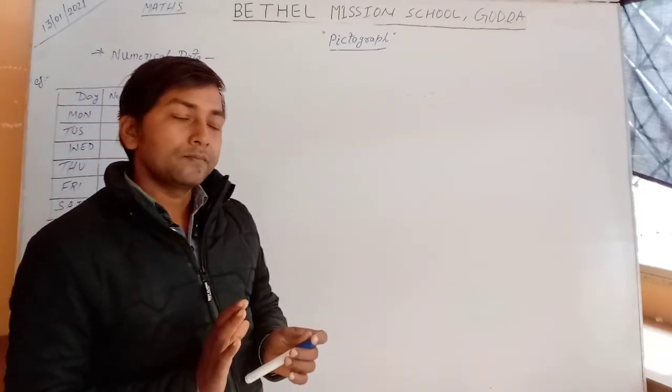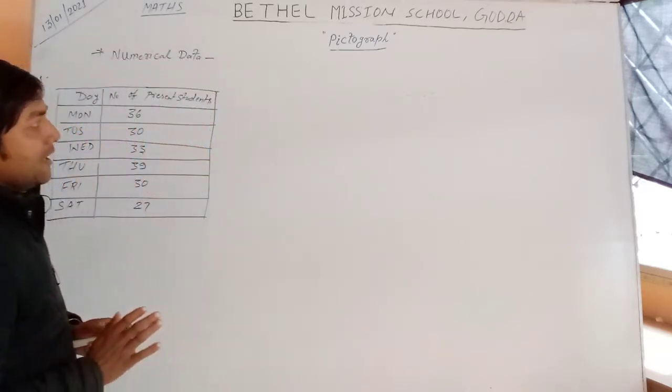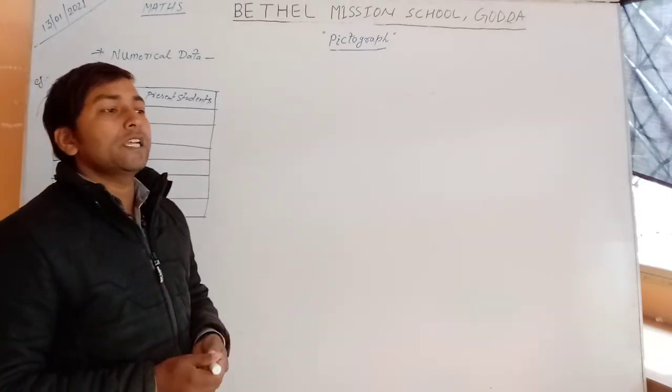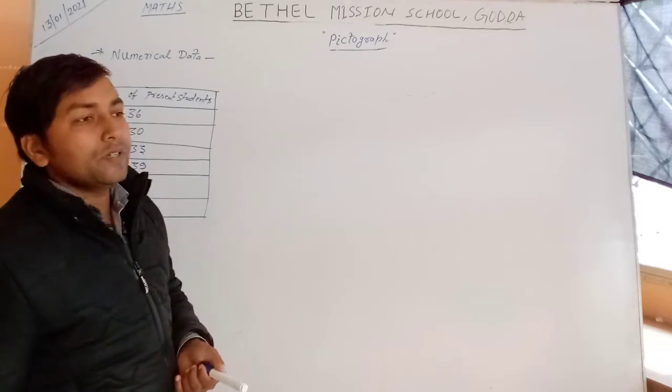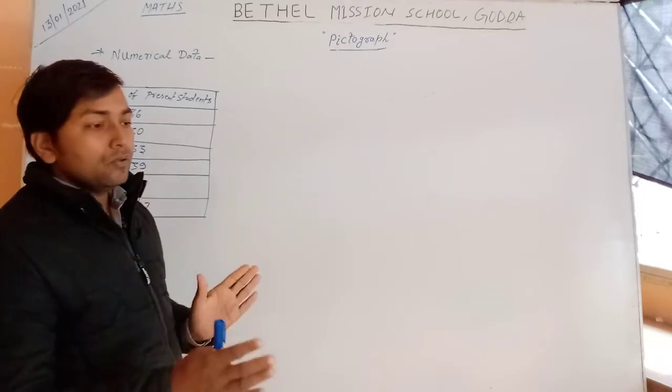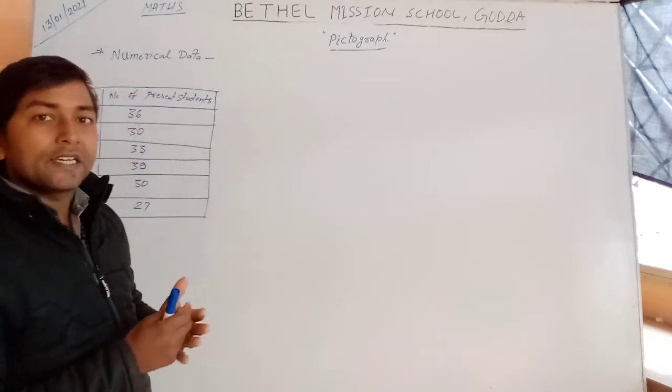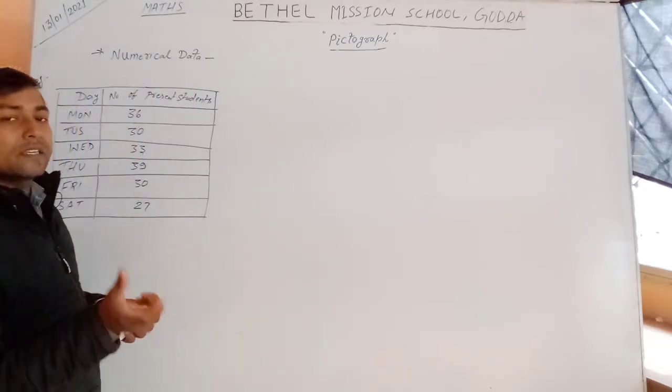Okay, so here one thing you also have to keep in mind: you have to take a scale first. You have to decide the scale in which you can represent it.